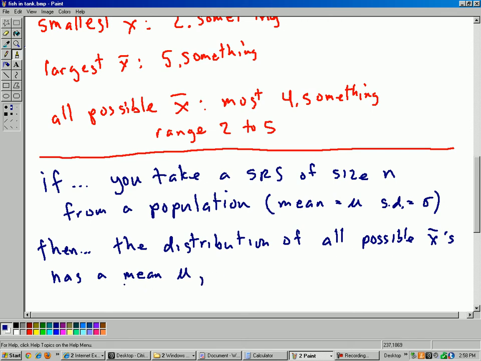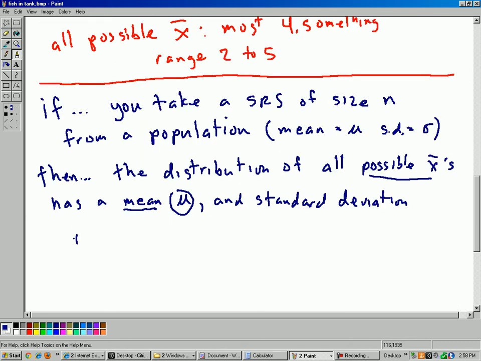So that's the mean of all the sample means, of all the possible x bars. So the mean of the means is the same as the population mean. So it has mean mu, and standard deviation is sigma over square root of n.